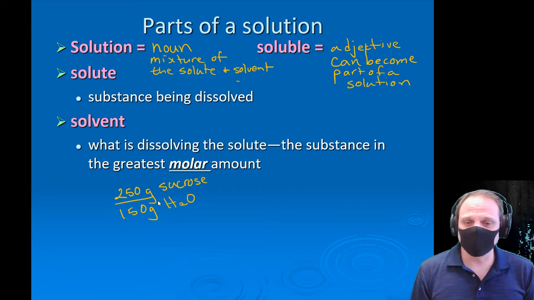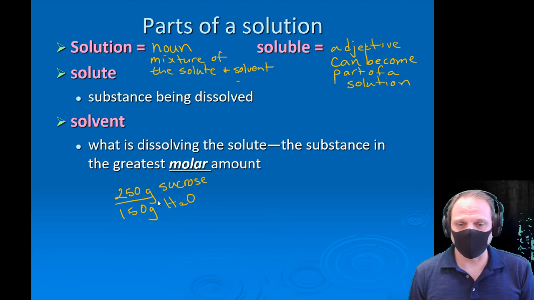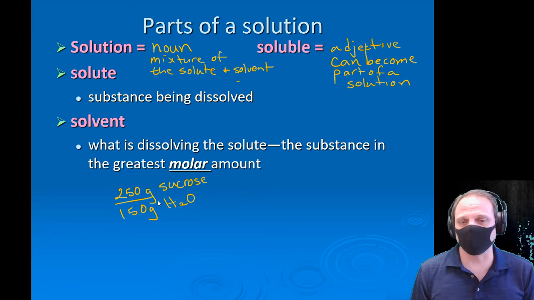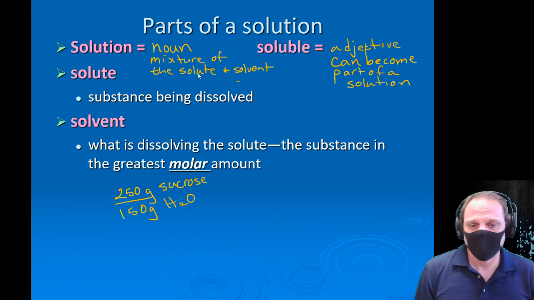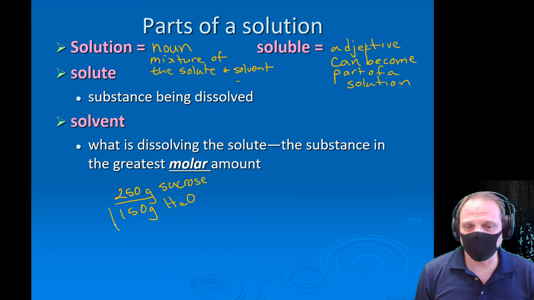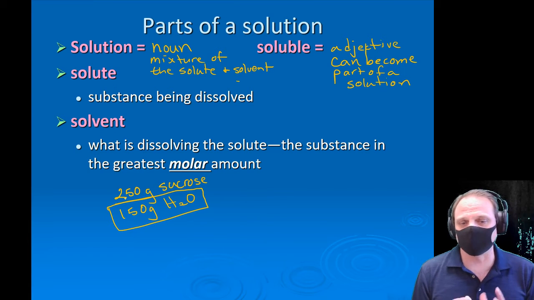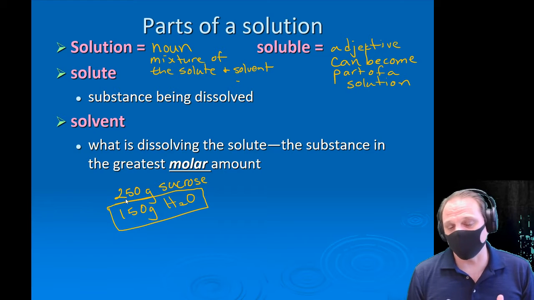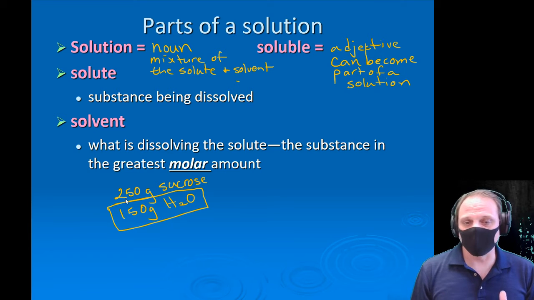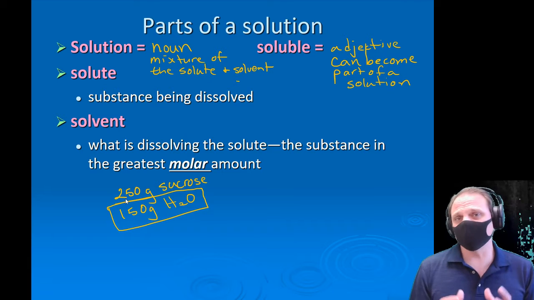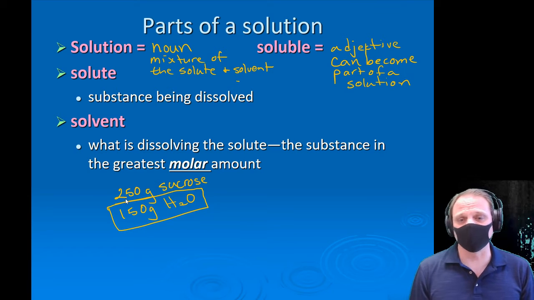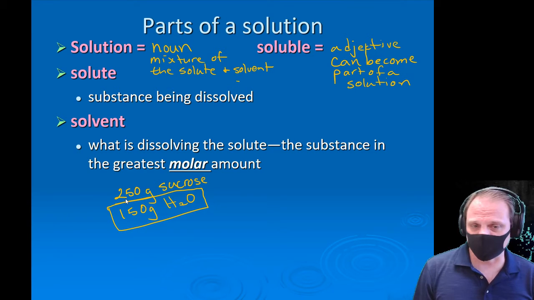If you're actually looking at how much the water has in terms of moles and how much the sucrose has in terms of moles, the water is going to be in a greater molar amount, even though it has a smaller number of grams. It might have a smaller volume too, but it's still greater in the molar amount, how many moles there are. And so the water in this case would actually be considered the solvent, even though there's more sucrose.